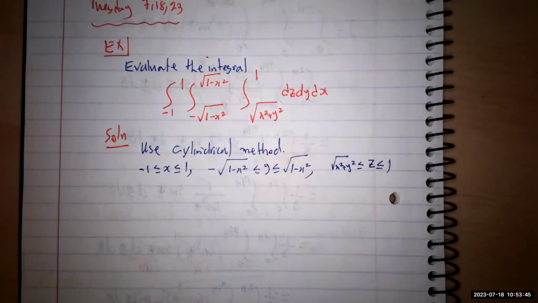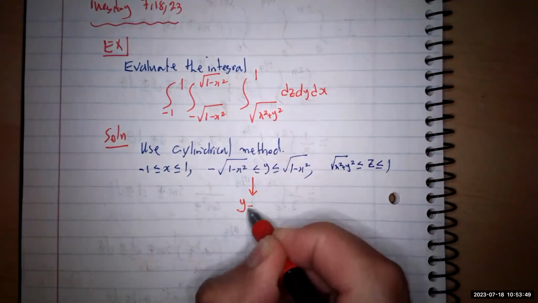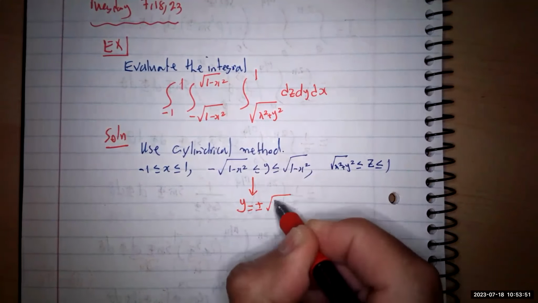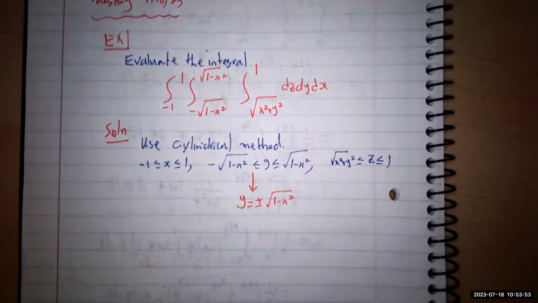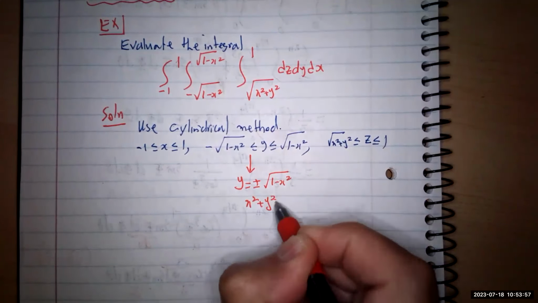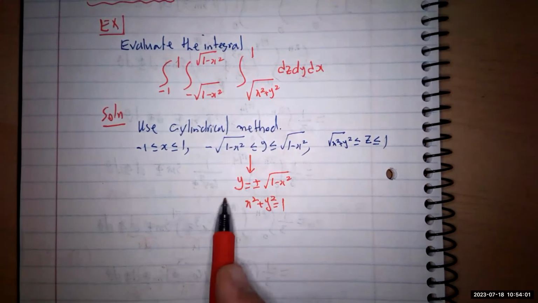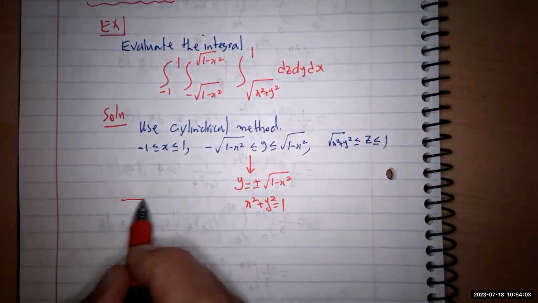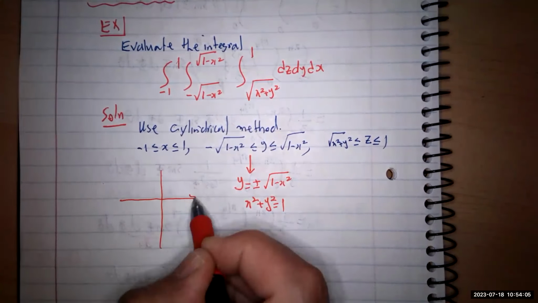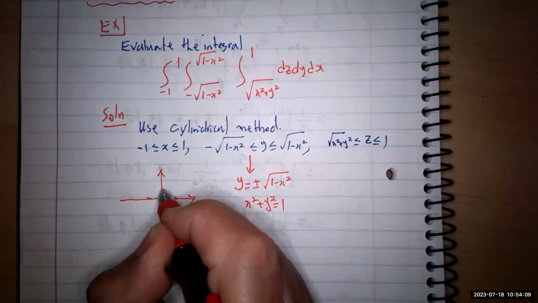Okay, so we focus on this part. Y is equal to plus or minus to get the cross section. And you know that this would give you x squared plus y squared equal to 1, which is going to be a unit circle. So we have the unit circle over here, and you know it right away.